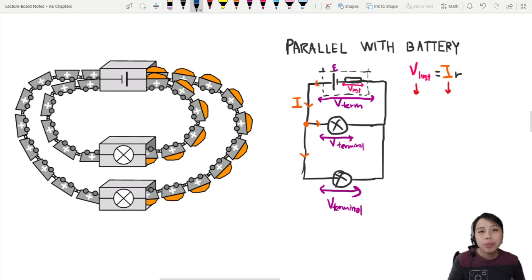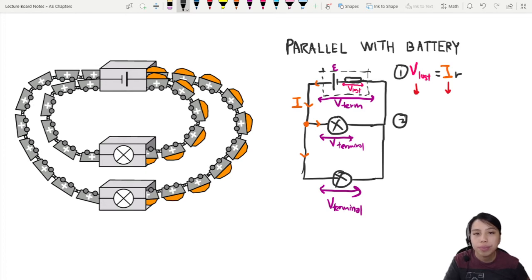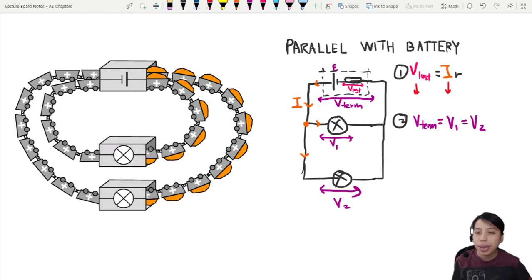Okay? And to summarize, this is point number one. Ding, ding. Point number two is that your terminal potential difference, better to say terminal instead, because in case there are lost volts, equals V1 and V2. I'm just going to say V1 and V2 to illustrate this idea. Across each parallel line, it is the same.